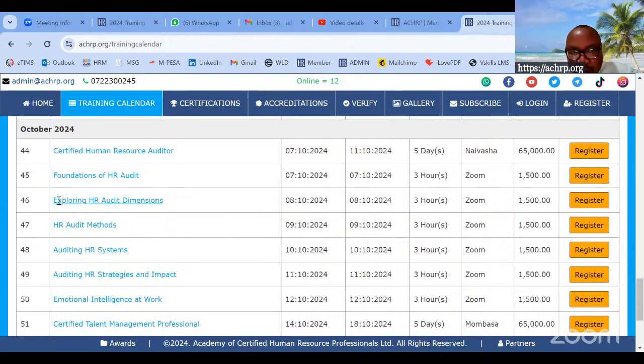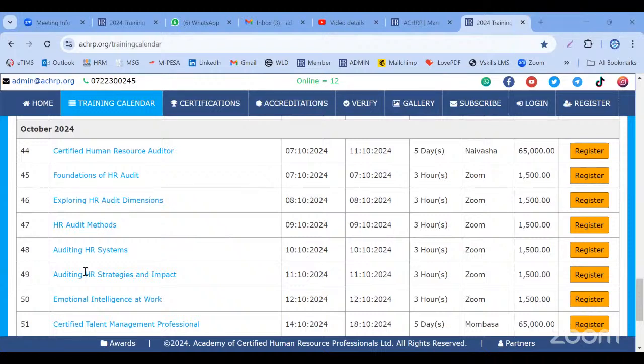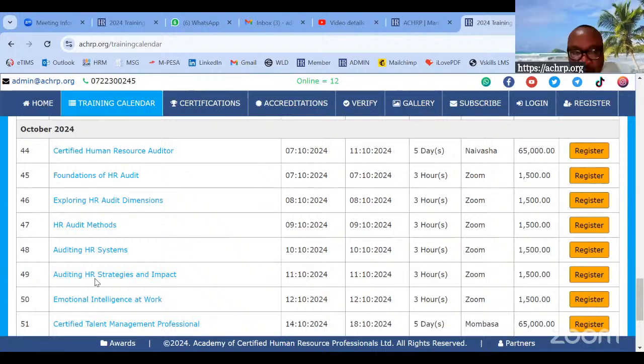Then on Tuesday, exploring HR audit dimensions. Wednesday, HR audit methods. Thursday, auditing HR systems. Today, auditing HR strategies and impact.